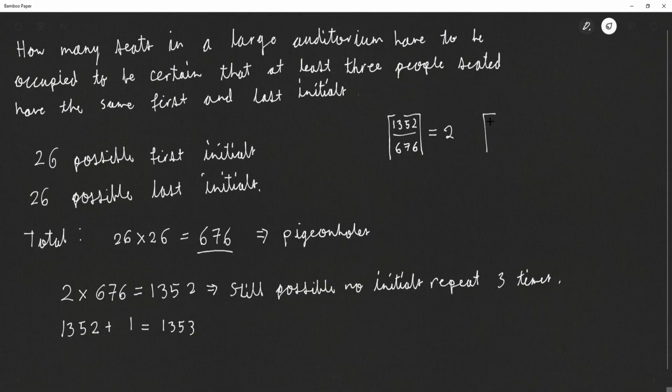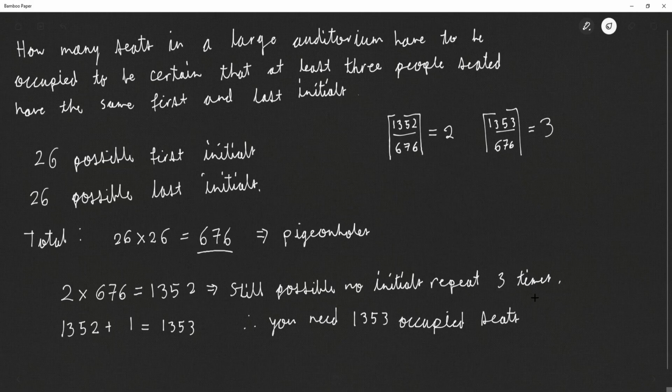But if we take the ceiling now of 1,353 over 676, we always have to round up. And since this is going to be 2 point something, that means we have to round up to 3. This is the smallest amount because it's only 1 larger than what would give us a value of 2. So therefore, you need 1,353 occupied seats to guarantee that at least 3 people share the same first and last initials.